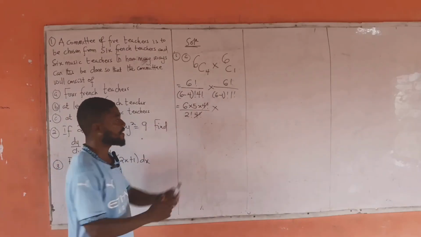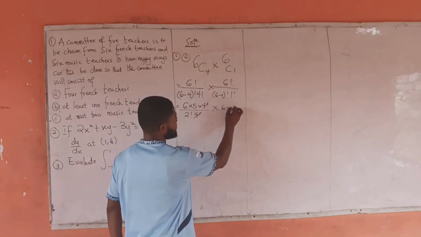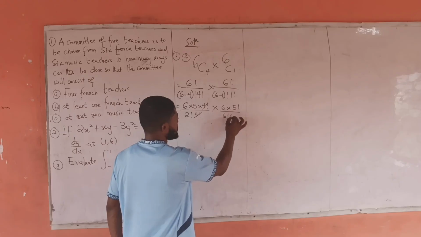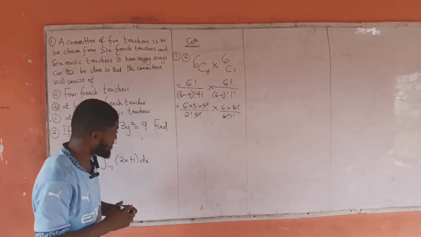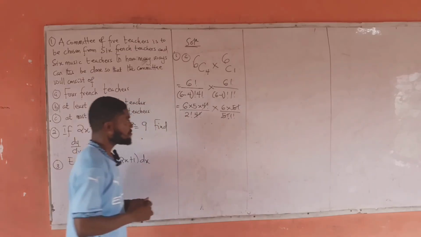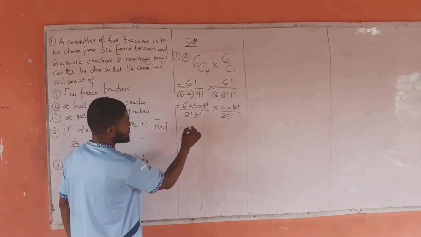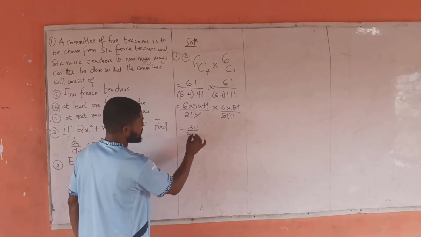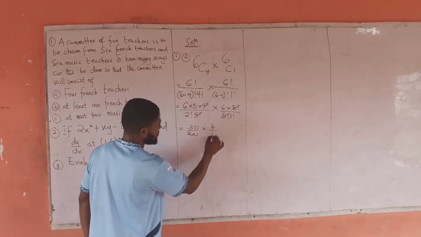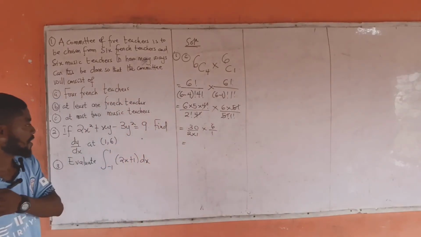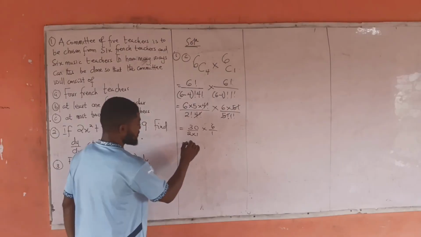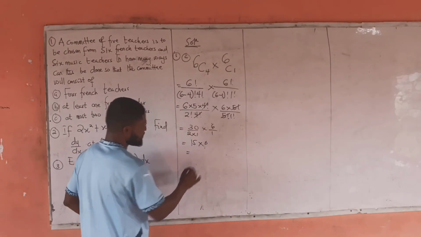Same thing here, this is 5 factorial. Now I have 30 over 2, which is going to be 15, times 6.